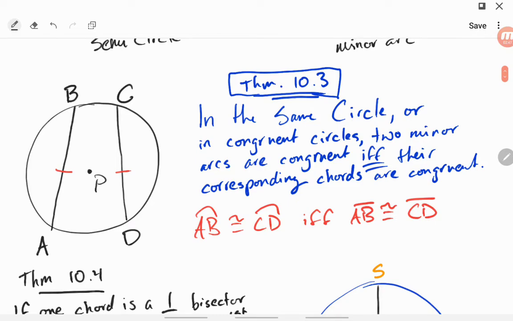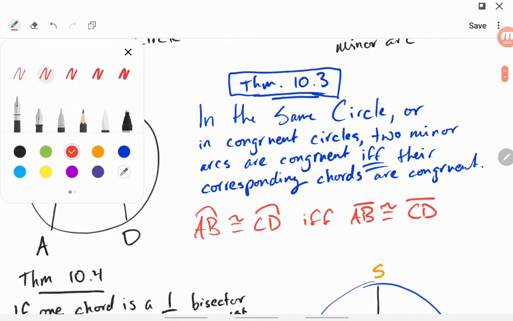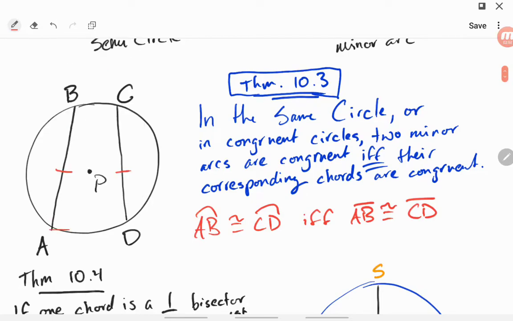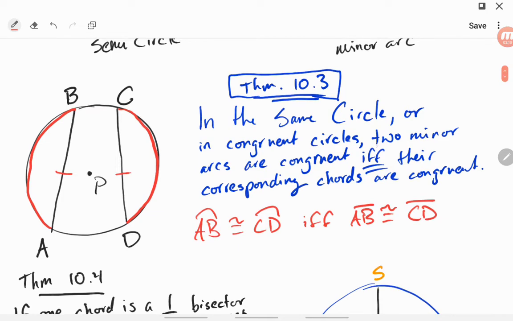In the same circle or in congruent circles, two minor arcs, I'll use red, the minor arcs that we're talking about here are arc AB and arc CD. Those two minor arcs are congruent if and only if their corresponding chords are also congruent.